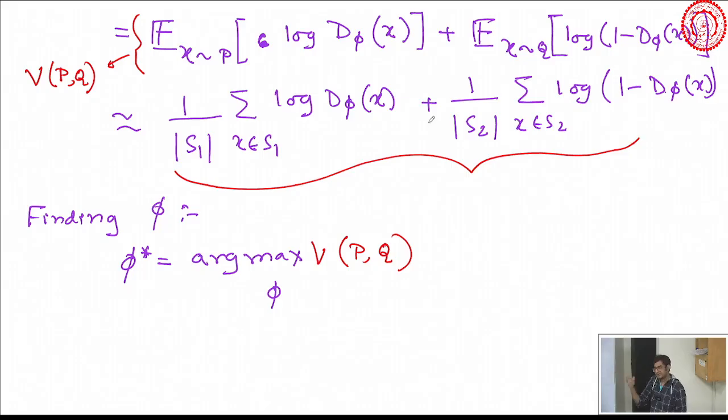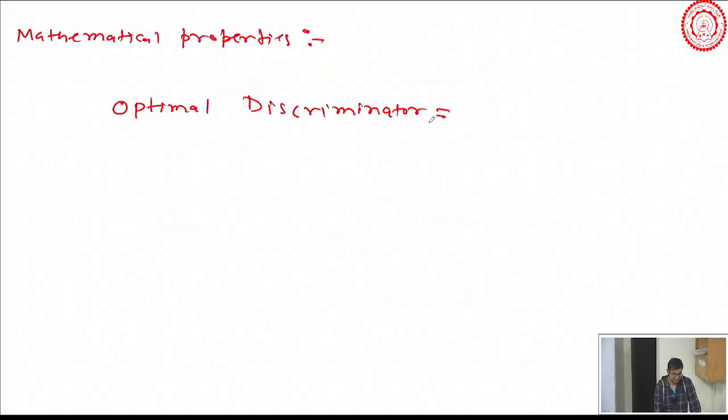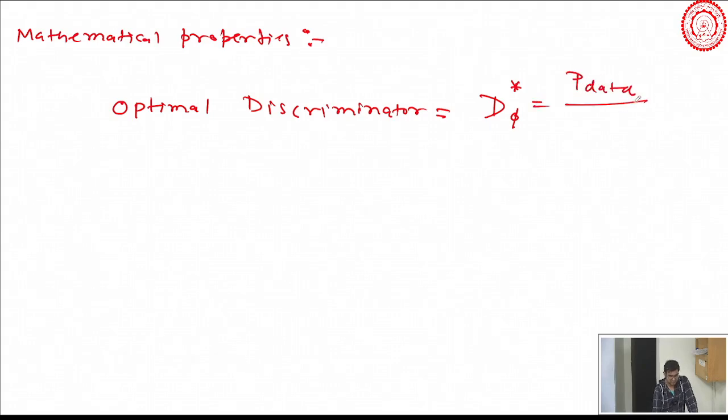Now do a cross multiplication and find D phi. This is exactly what you will get: D phi star is equal to p data divided by p data plus p theta.